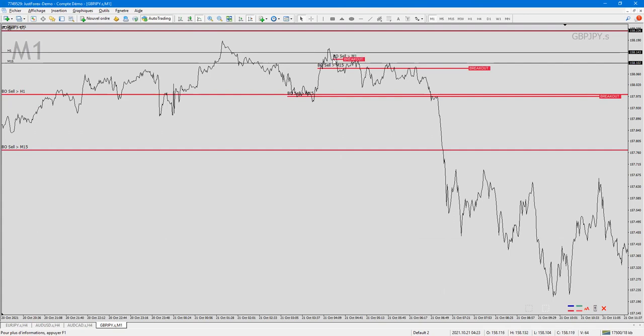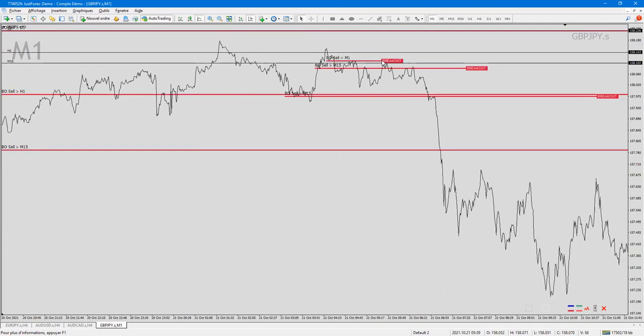I think we got another breakout. Proceed, Aston. Okay, so we got another breakout sell here, and we can notice a very small trend line. I don't know if it's valid or I have to zoom out to see better.